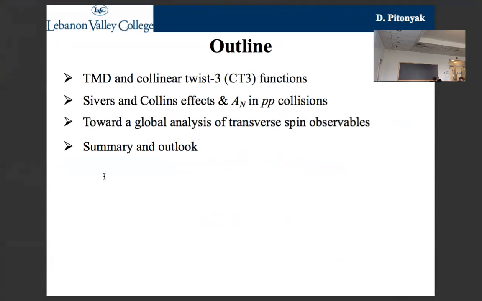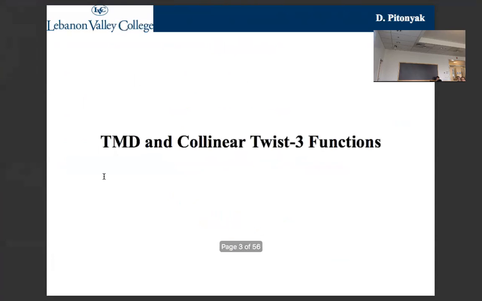I'll review what we know about certain TMD and collinear observables like the Sivers and Collins effect and A_N in pp collisions. Then I'll talk about how we're going after a global analysis of all these different observables, and I'll end with a summary and outlook.